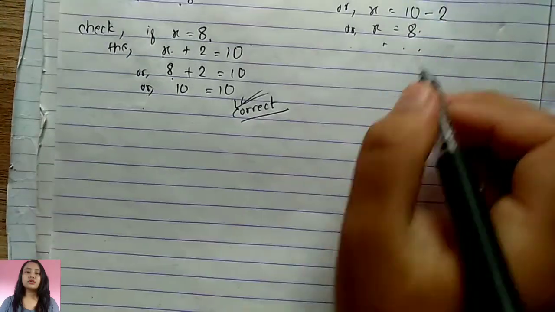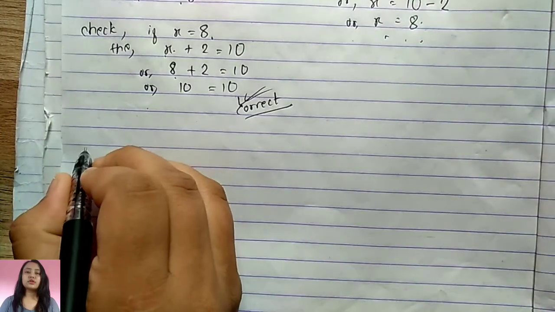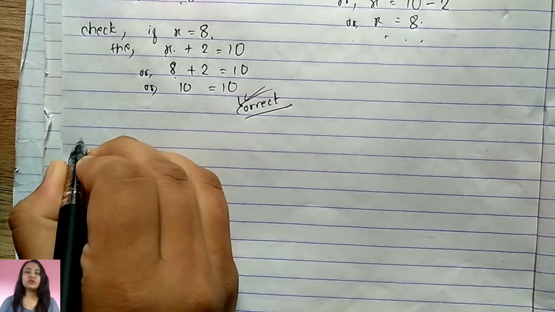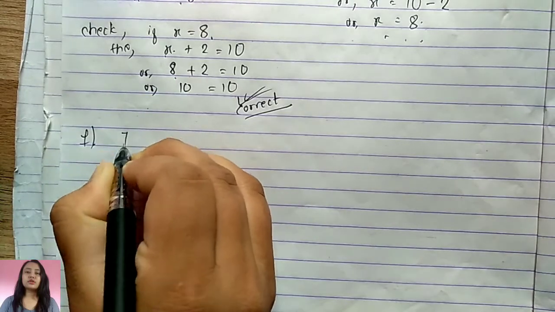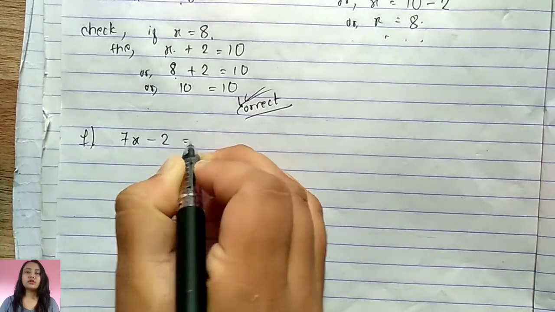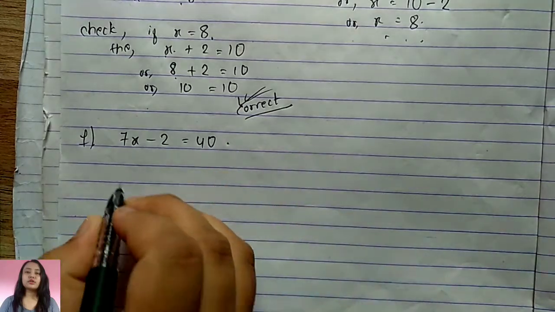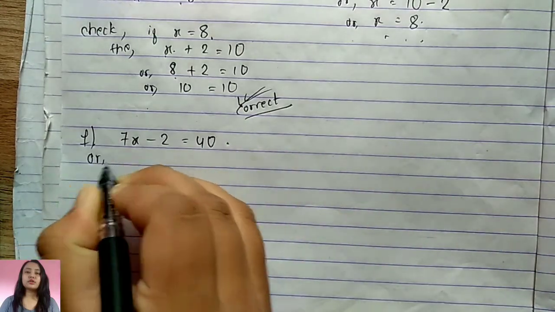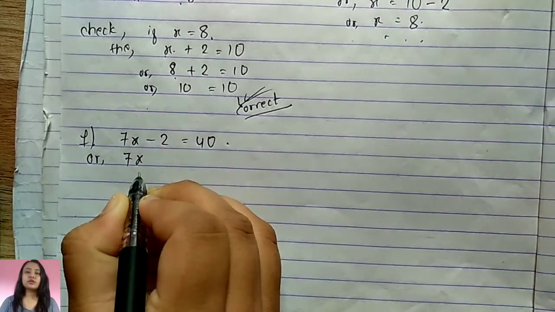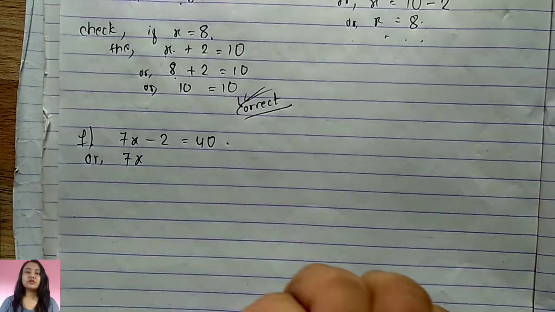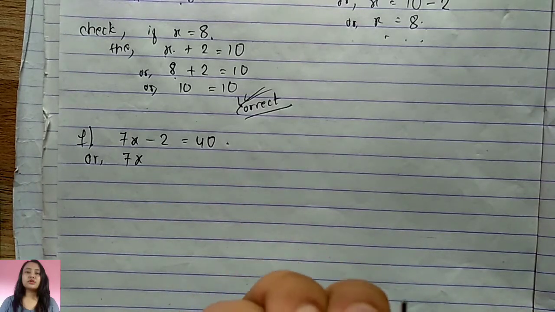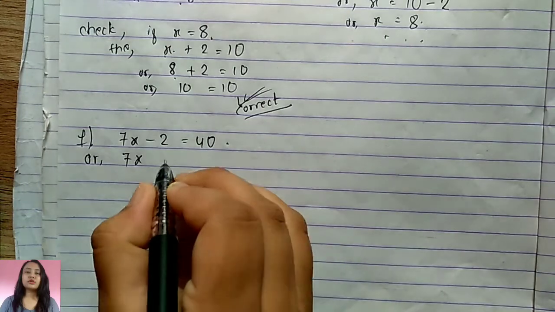Similarly, I'll provide you another example. Suppose the question is like, in F we have 7x minus 2 equals 40, right? In this case we can do it directly. We keep 7x as it is. You can use the rule 1 method, the addition method, but I'm doing it directly.